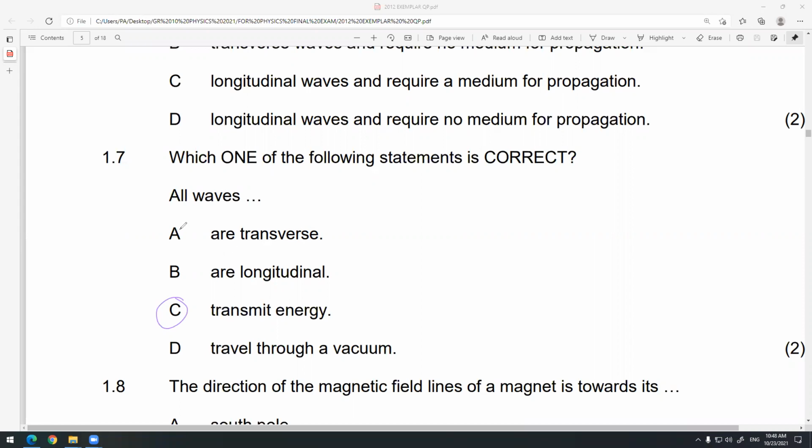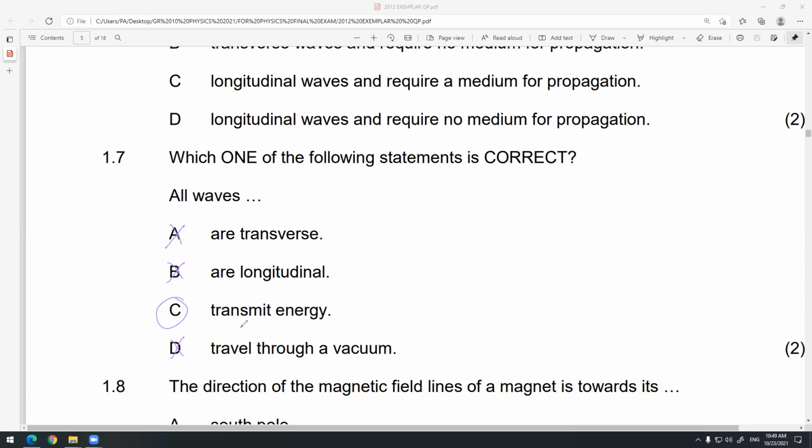So we cannot say all of them are transverse. And all of them longitudinal is also wrong, because we know sound waves are longitudinal, but light waves are not. For option D, we know, people, sound needs particles. In a vacuum, light, for example, can go through, but sound cannot. Because of that, the answer is C.